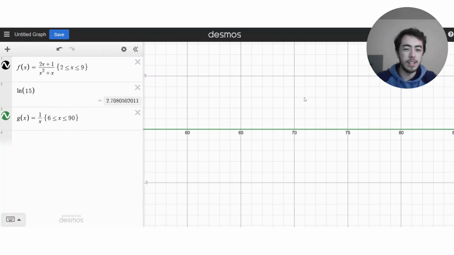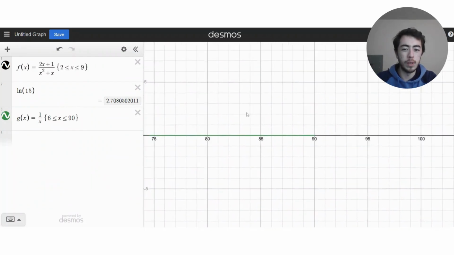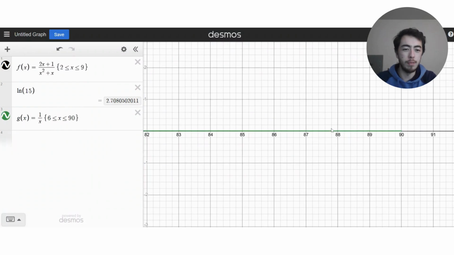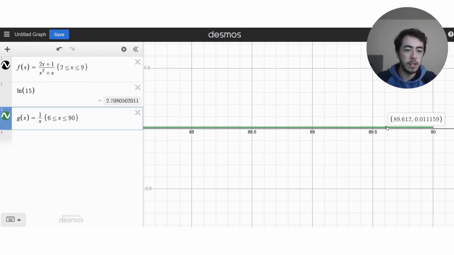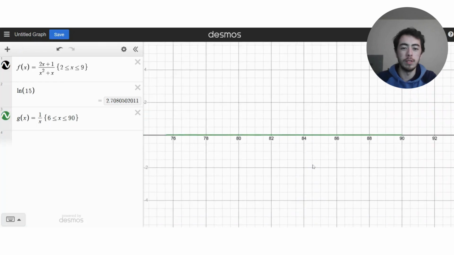But as you can tell, the amount of area between the curve and the x-axis is minimal over here. I'm looking at that value on the right there in the ordered pair, that 0.01. Basically, it's about a 100th of a unit away from the x-axis. So it's so close to 0.